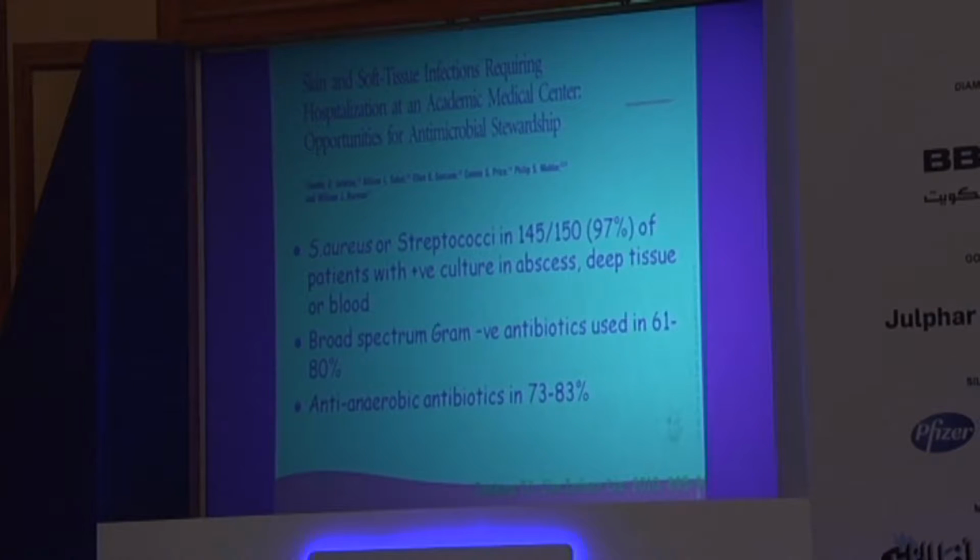Okay, so let me just show you some data from a United States tertiary referral center, very much like what Tariq perhaps talked about as a typical tertiary referral center. The majority of these complicated skin and soft tissue infections were gram-positive. And in the United States, there is a very high prevalence of MRSA, particularly community-acquired MRSA, around 30 to 40% were MRSA positive.